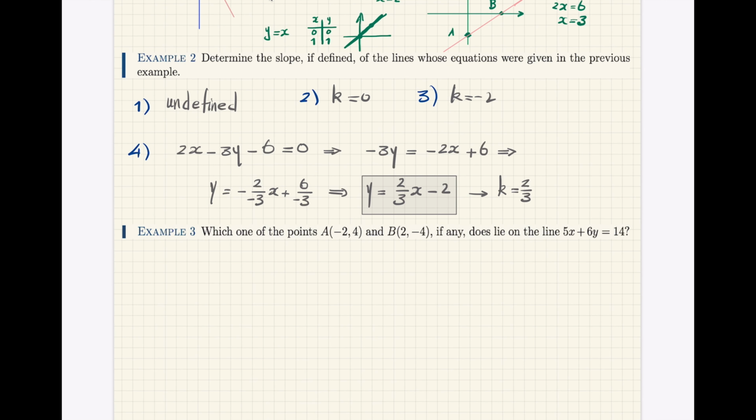Now let us go to number 3. This is also a simple exercise, but it's crucially important. Which one of the points A and B, if any, does lie on this line? How can I answer this question? Of course, I can draw the graph using GeoGebra and locate these points, and see it by my eyes, even though it is not a very good method.